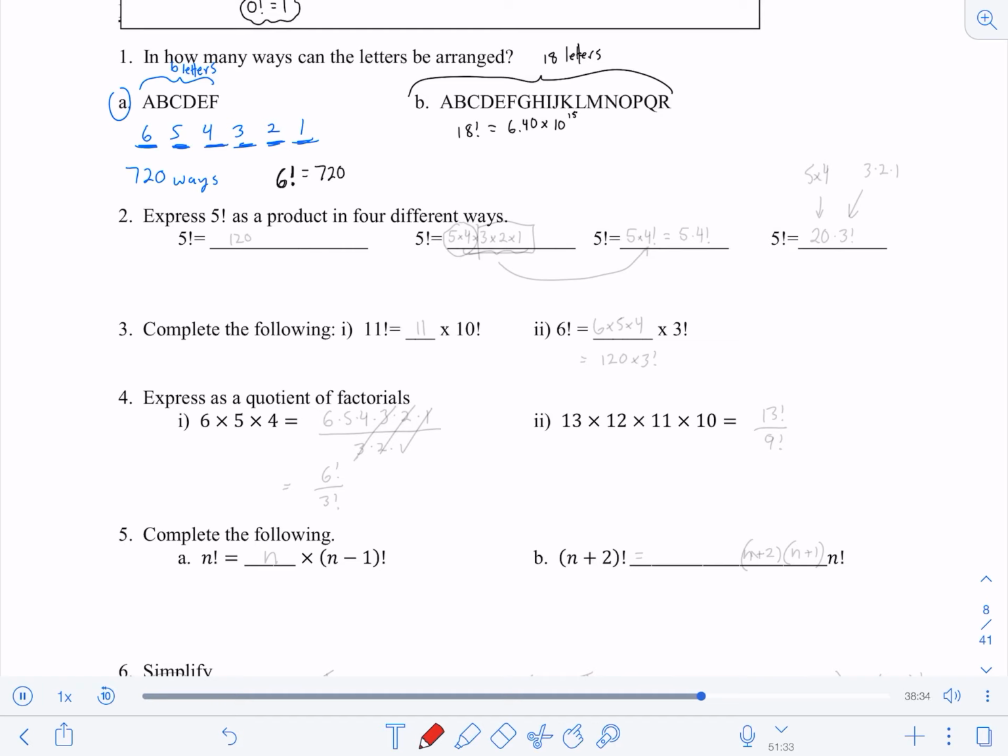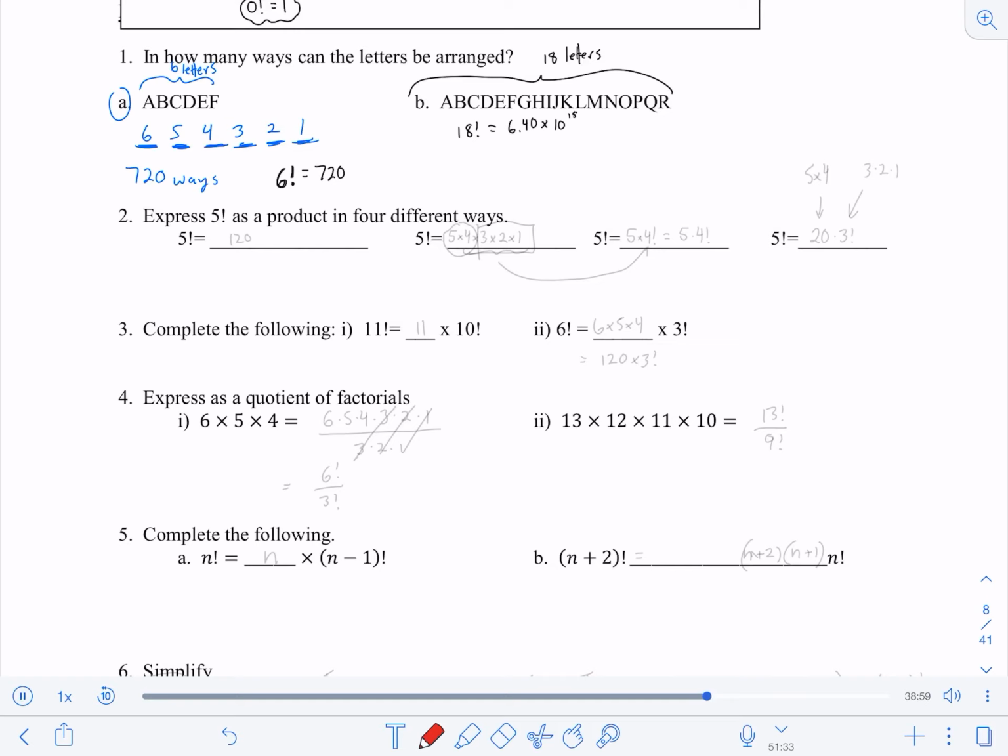It reminds me of junior high when you were told that x to the 0 equals 1, and we just had to accept it. Later on, as our understanding grew, we could see that it's legitimate from a pattern, but for now I just need you to accept that 0 factorial equals 1.